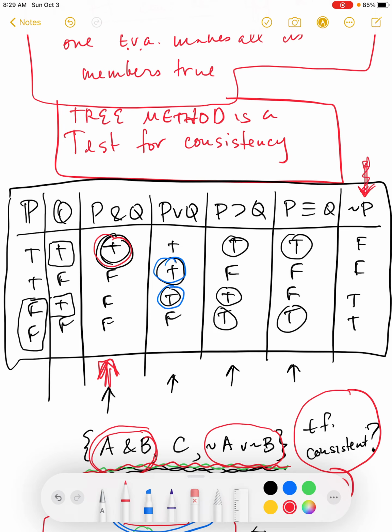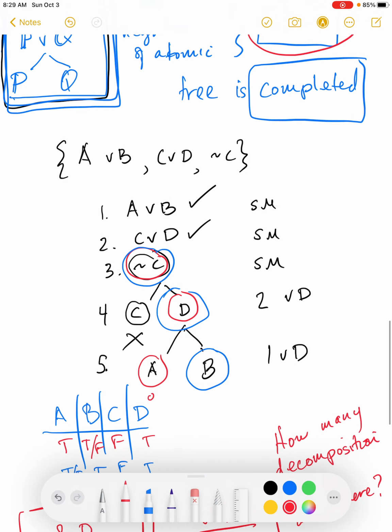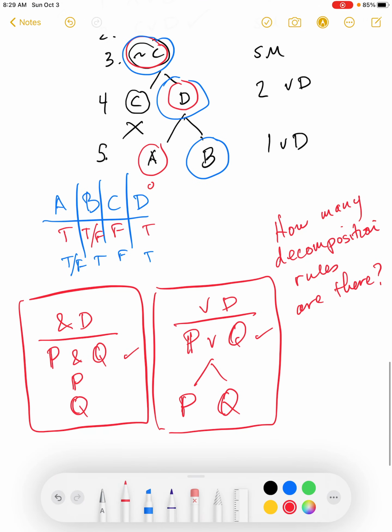It does require decomposition if P is a molecular sentence. So, okay, forget I said that. I'll come back to it. If it's the negation of an atomic, obviously it doesn't require decomposition. But thinking about this, there are five truth functional connectives, and negation is significant for this. How many decomposition rules do you think we're going to end up with? Hint, it's more than five.